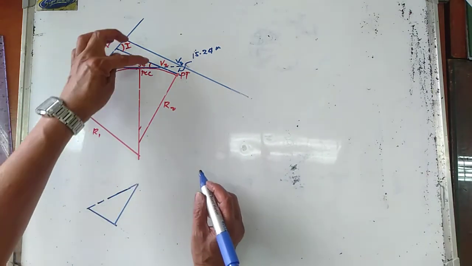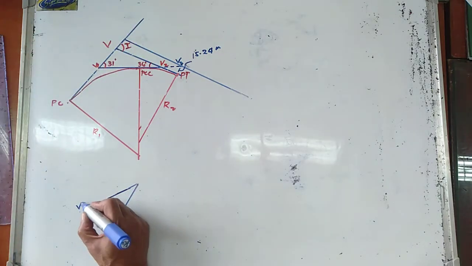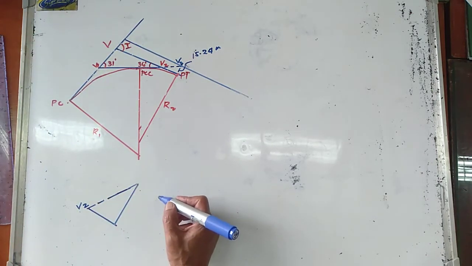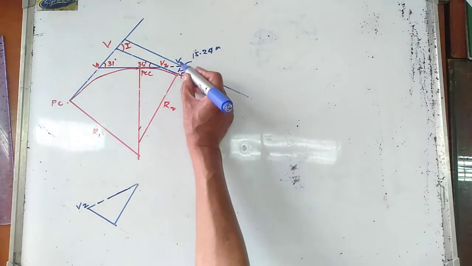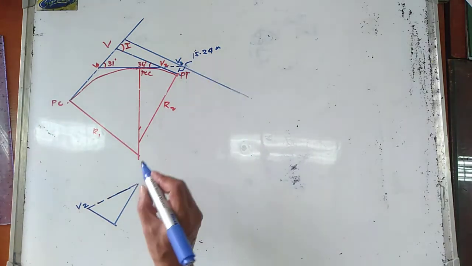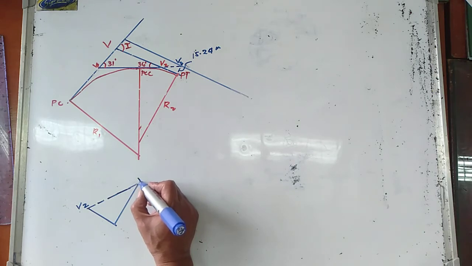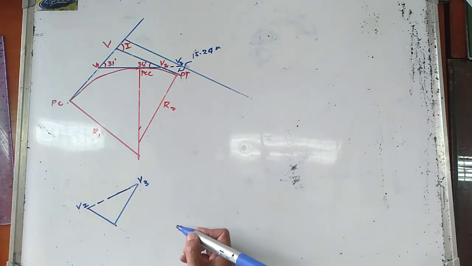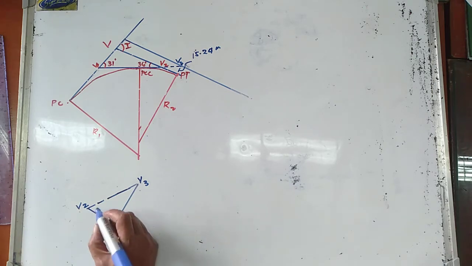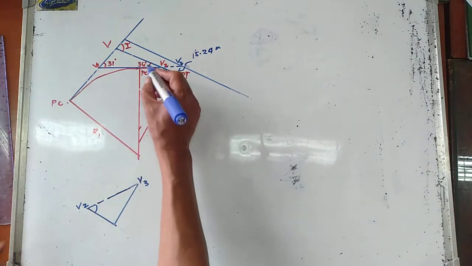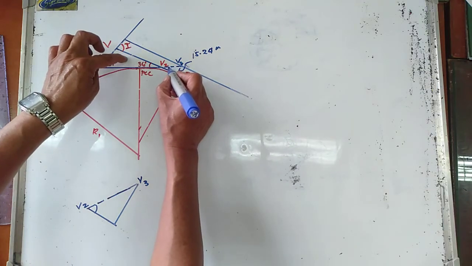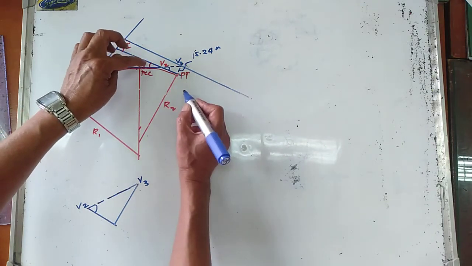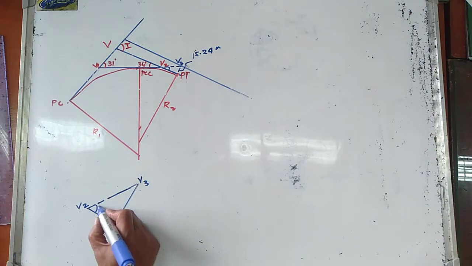This is now your V sub 2, and this is now your V sub 3, which I considered as V sub 3. At this time, this angle in here is equal to 36 degrees.